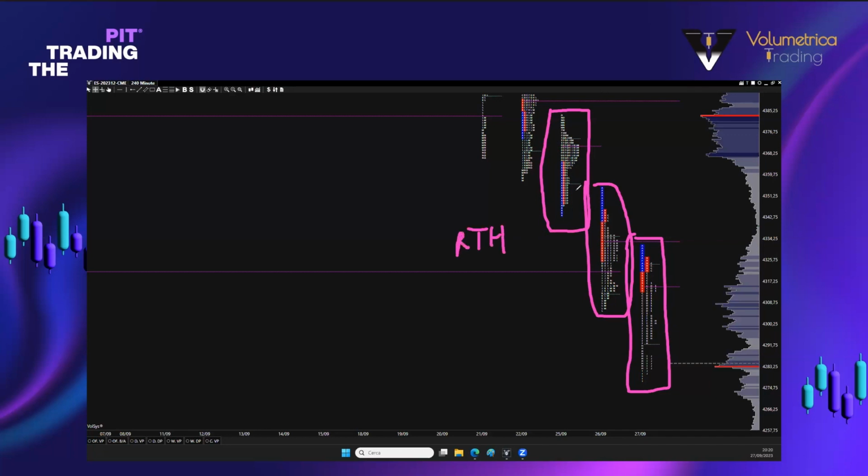So whatever you see here within the single daily profiles, don't take into consideration what happens before 3:30 p.m. Italian time, which corresponds to 9:30 CME time, which is exactly the time where the cash session opens and the so-called RTH session starts. I'll explain in a while why I prefer to use this setting.